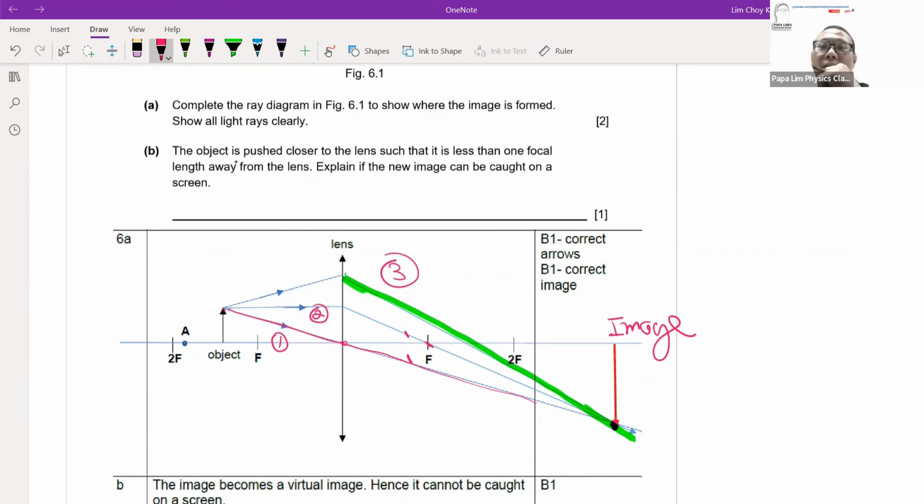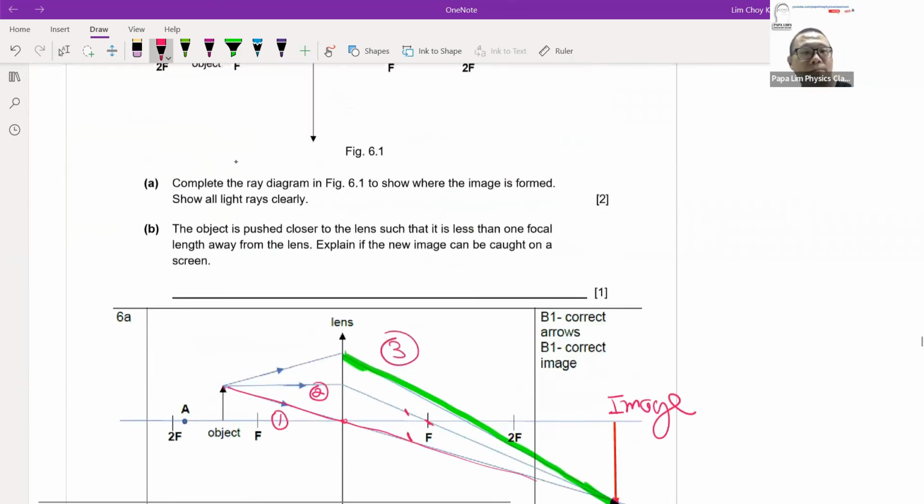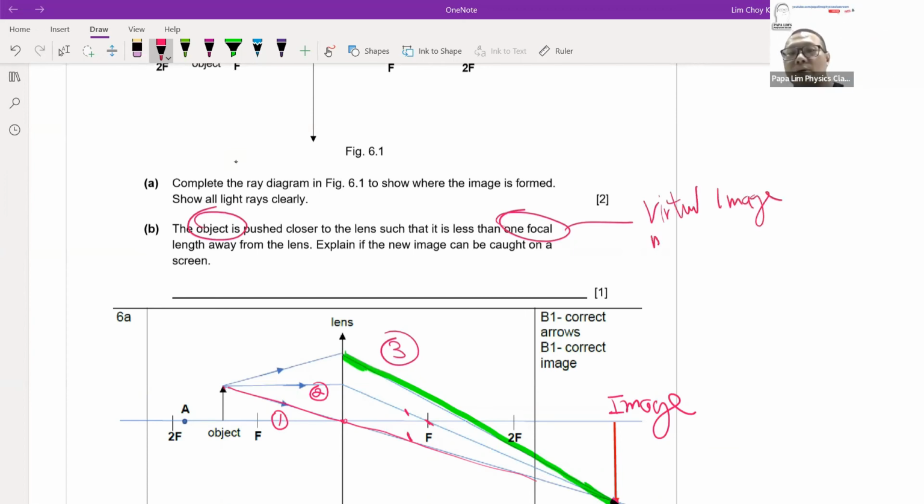Okay, for example, if I take note of the ray drawing, there will be one particular location whereby the object is less than the focal length. The moment the object is less than the focal length, based on the picture, I will know that it will definitely be a virtual image. And the image formed will be magnified.